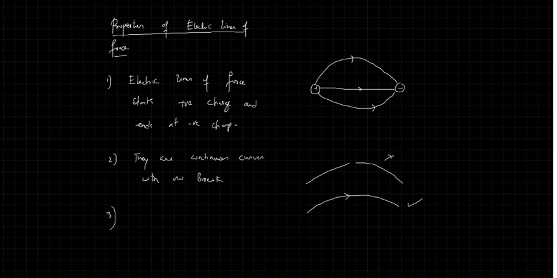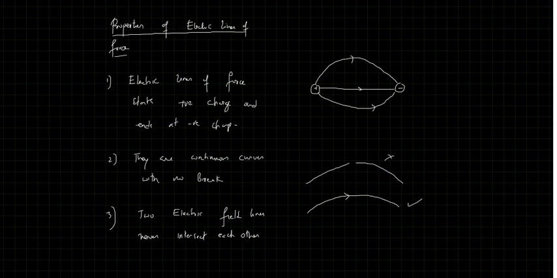Number 3, two electric field lines never intersect each other. This is not possible, because if they intersect, then at the point of intersection there will be two directions, which is not possible.